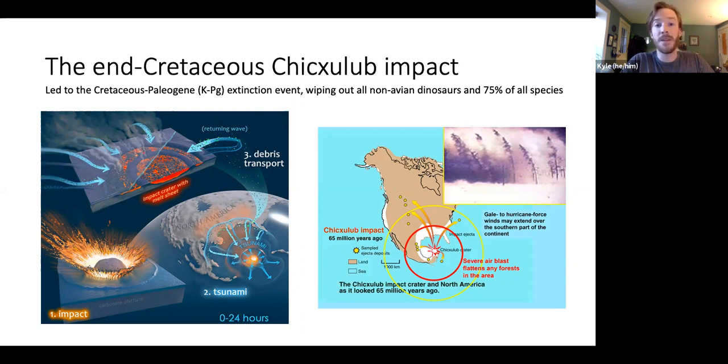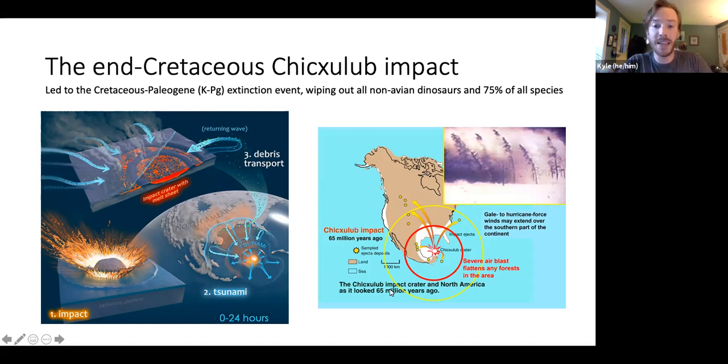The meteor, when it came into Earth's atmosphere, was 6.2 miles across. And that meteor struck in what would today be the Gulf of Mexico. And as a result of that impact, it created this enormous ripple effect that basically led to a mass extinction, killed off all of the non-avian dinosaurs and about 75% of all life on Earth.